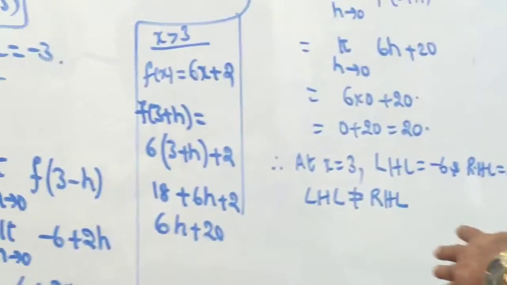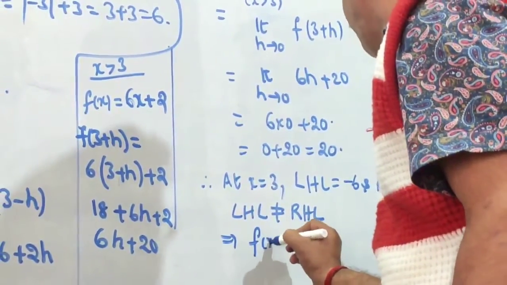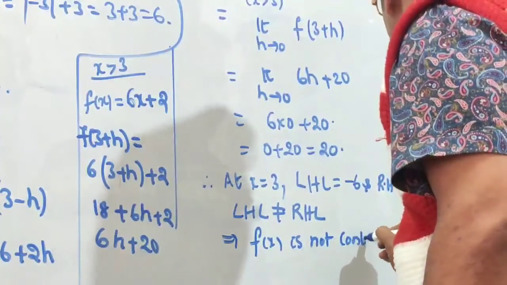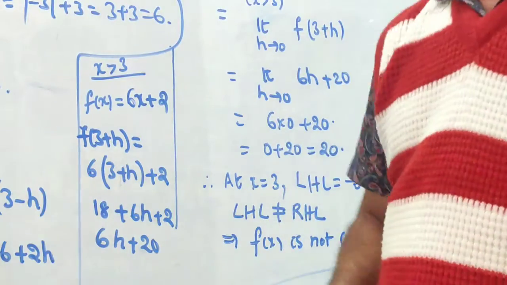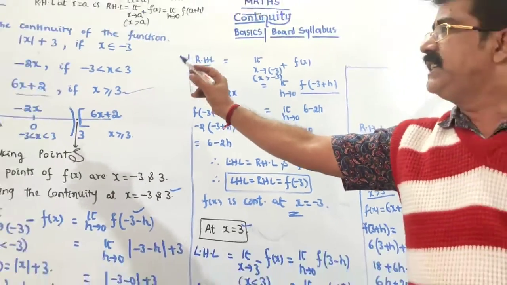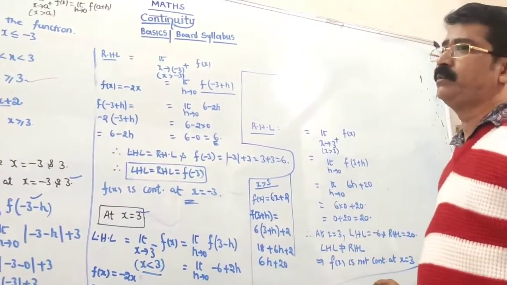That's why we can stop the process. So therefore it follows that f of x is not continuous at x equal to 3. So f of x is continuous at minus 3, but it is not continuous at x equal to 3.